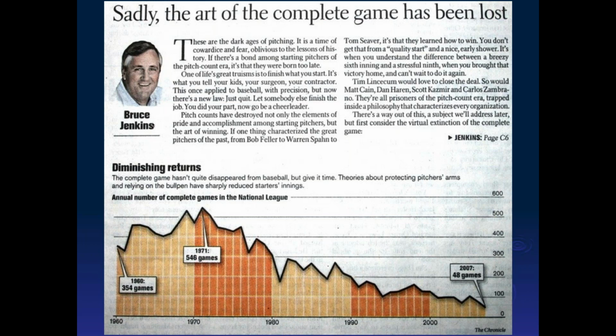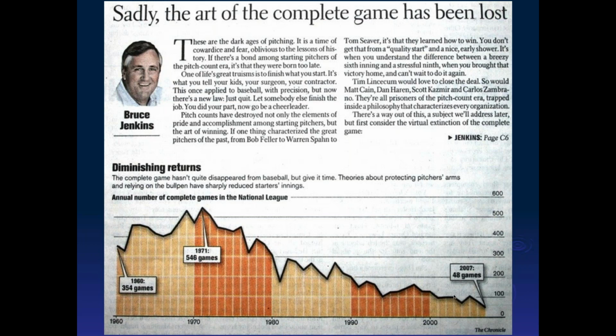But here was Bruce Jenkins, and he was saying how terrible it was that Major League Baseball pitchers no longer pitch total full games. And this is just a chart showing that it peaked in 1971 with the most number of complete games pitched in the Major League.